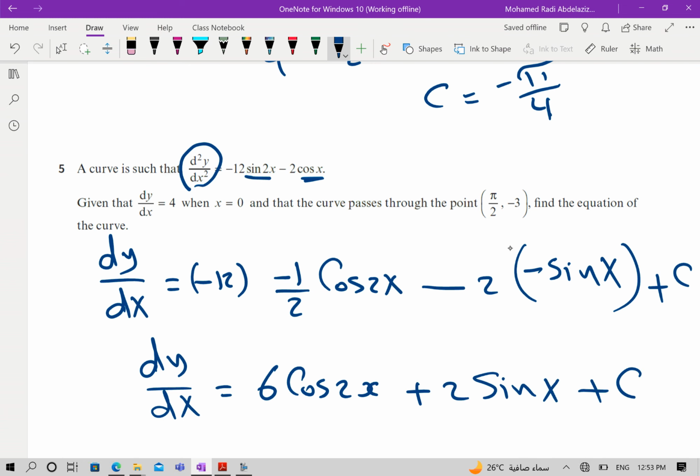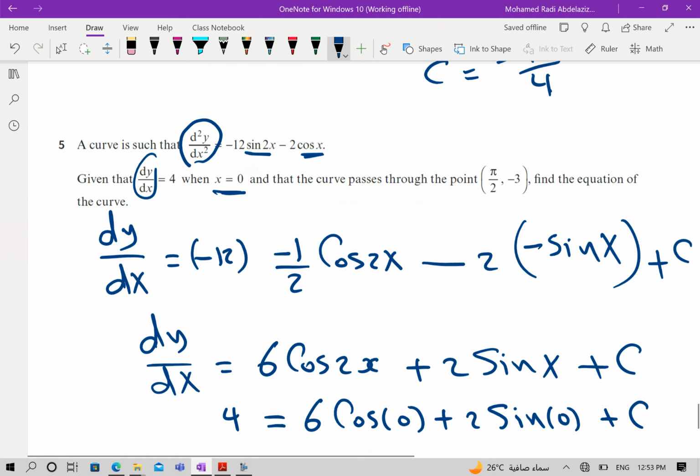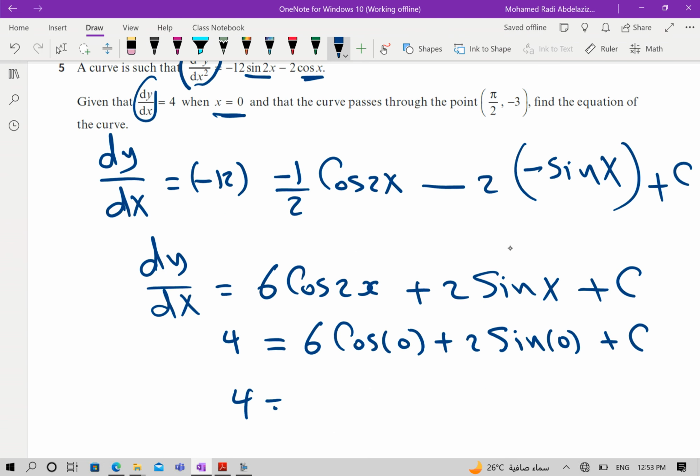How to calculate c? Read. It's given that dy by dx is 4 when x equals 0. So 4 equals 6 cosine 2 times 0, which is cosine 0, plus 2 sine 0 plus c. Cosine 0 is 1.